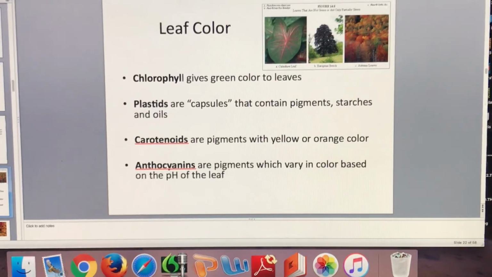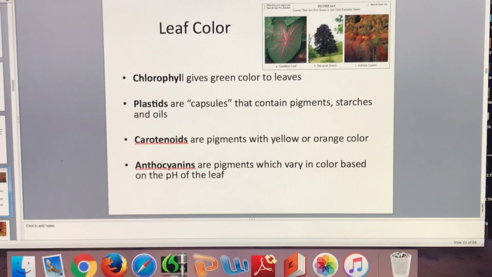Okay, so let's look at leaf color. We know chlorophyll is a pigment that gives a green color to leaves, and it also is essential for photosynthesis. And we know that plastids are these sort of little capsules that contain pigments, starches, and oils. You may remember when we looked at slides of banana, that we were looking at the starch granules in the banana cells, and those were contained in certain types of plastids.